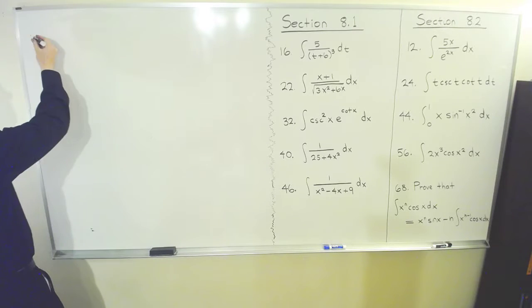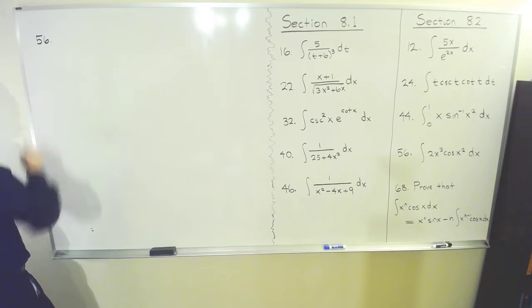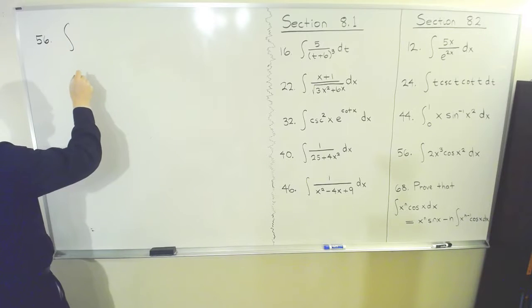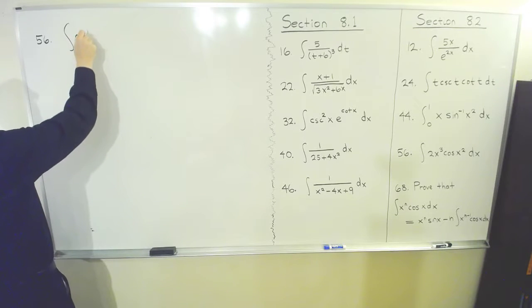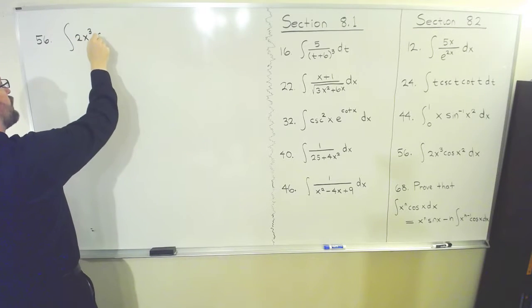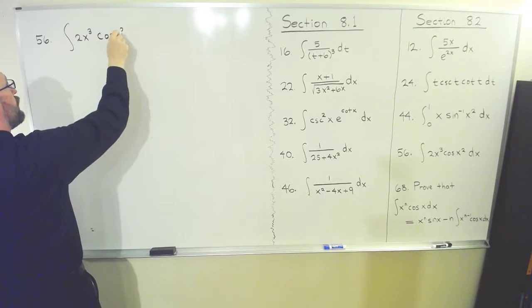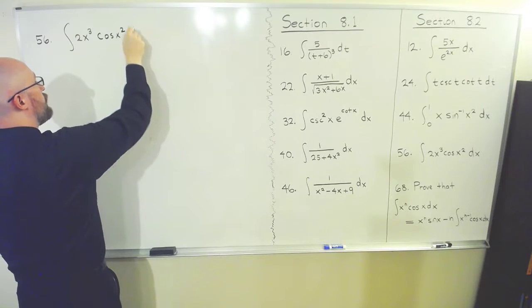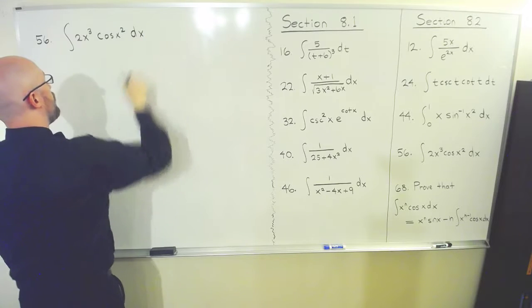So this is 56. And this is the integral of 2x cubed cosine x squared dx.